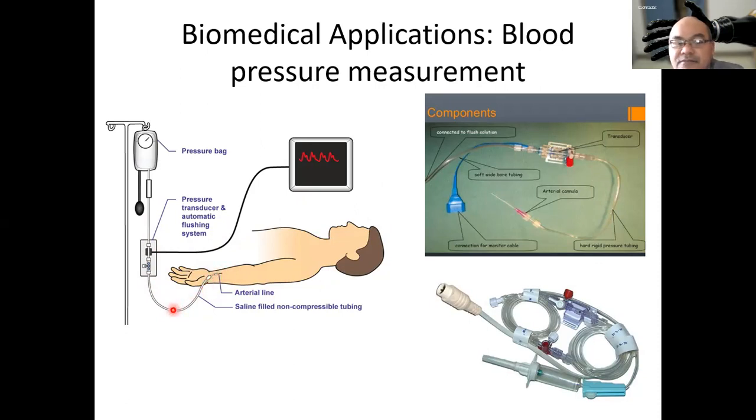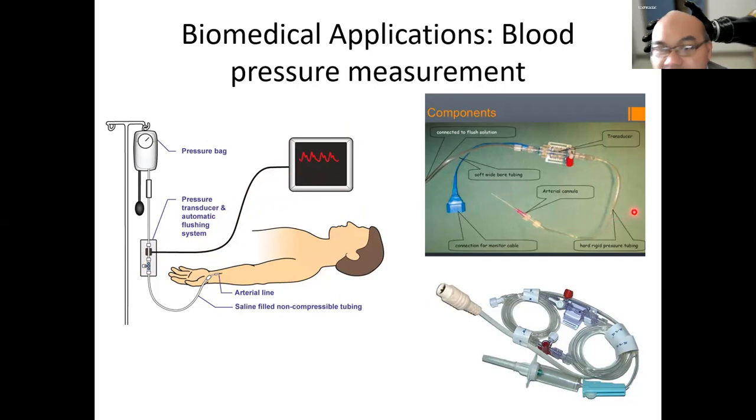So the saline-filled liquid will pass on the pressure from the blood vessel, so that it will be detected in the pressure transducer here. Then the value of the resistance change can be indicated on the monitor.